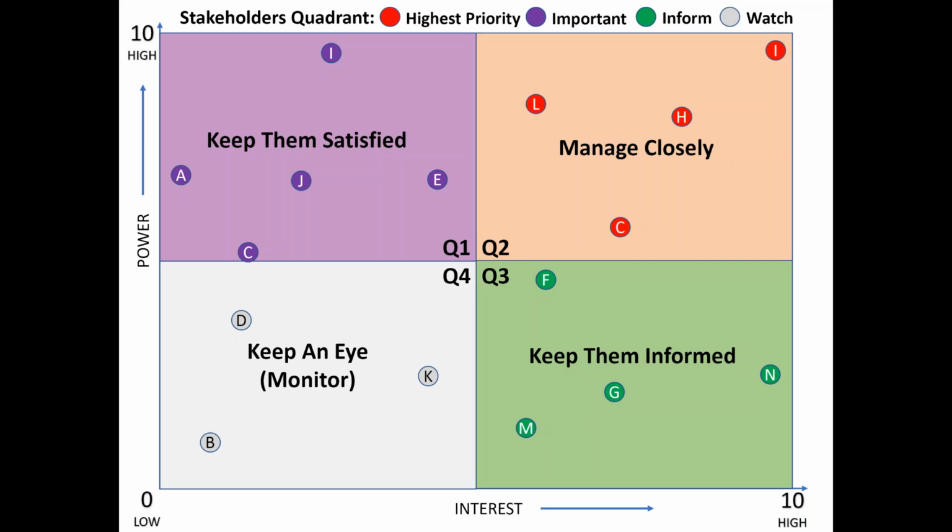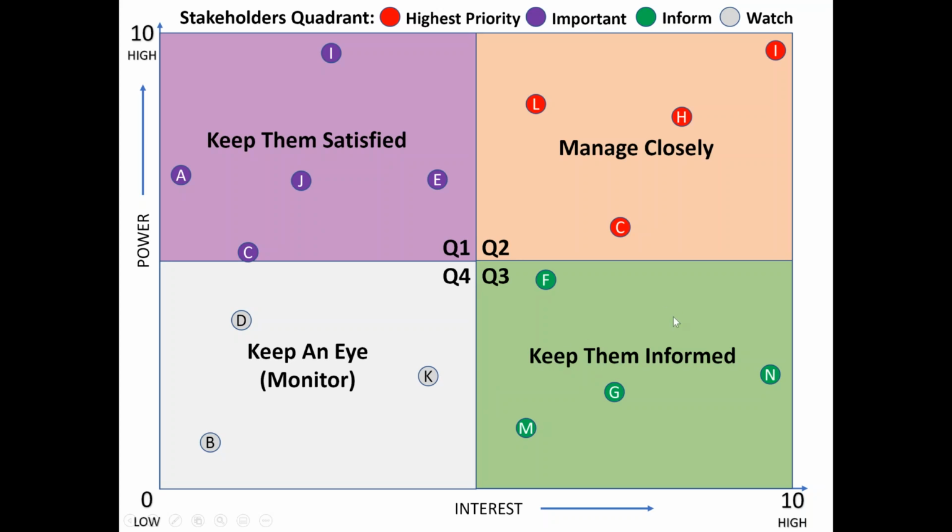Quadrant 1 is the one with the highest power and low interest, so naturally we just have to keep them satisfied, exactly as we studied earlier. Quadrant 2 is people with high power and high interest, so manage them closely. Quadrant 3, we keep them informed. Quadrant 4, we keep an eye on them. That's why I have given them different colors.